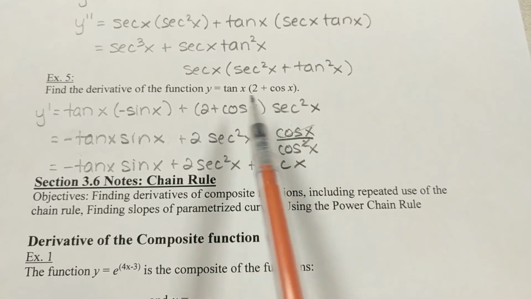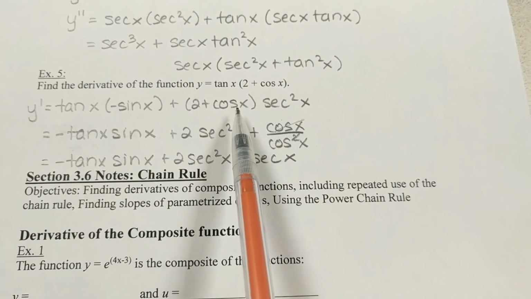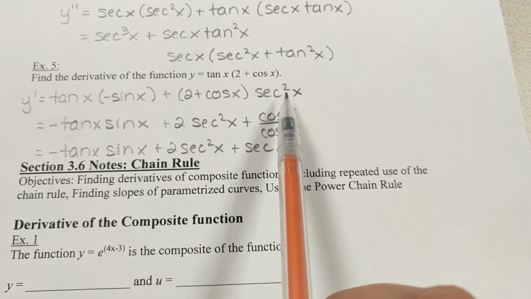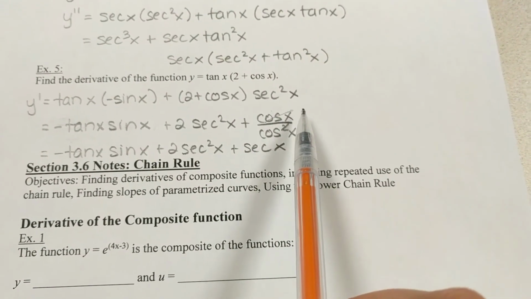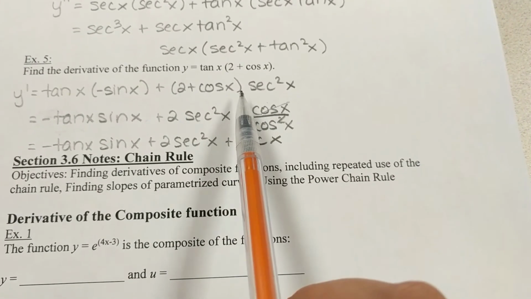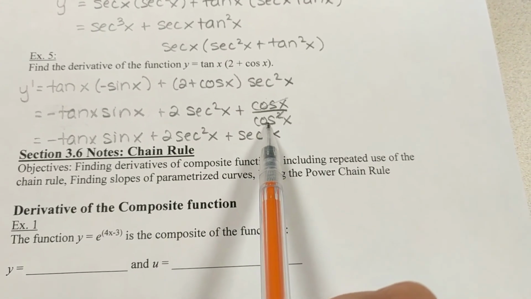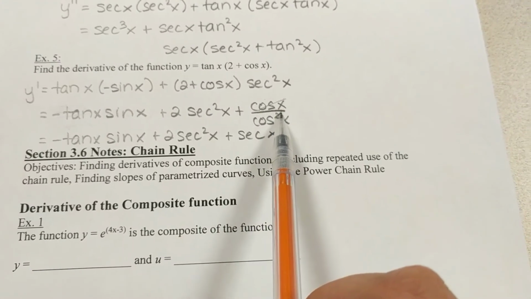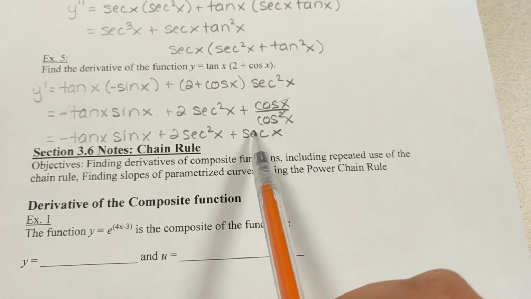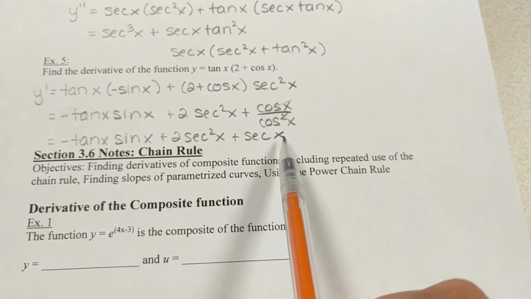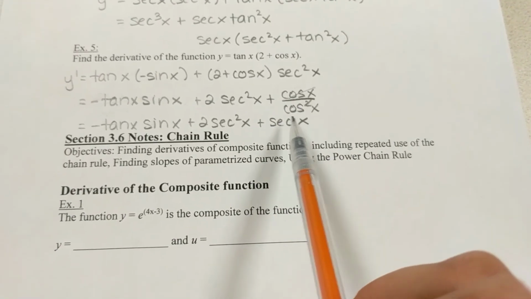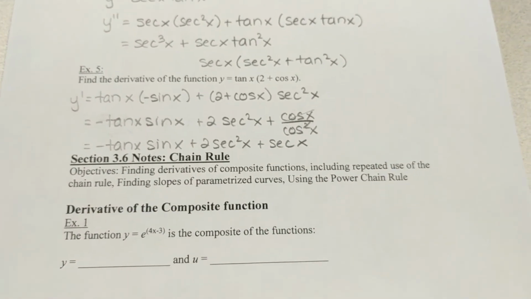And then when I distributed, I got 2 secant squared, and then cosine times secant squared. Again, secant squared is 1 over cosine squared, so notice I wrote it as cosine over cosine squared. That one cancels out with one of those on the bottom, leaving me with just 1 secant, or 1 over cosine. So that is my simplification.